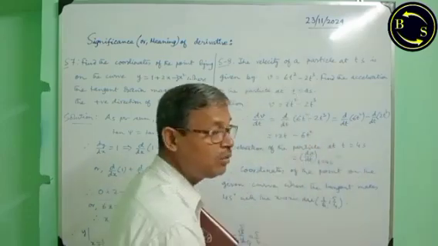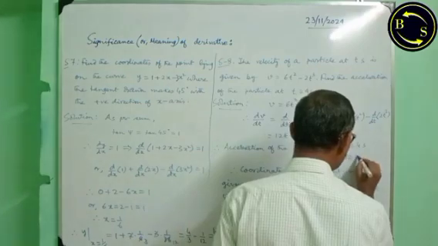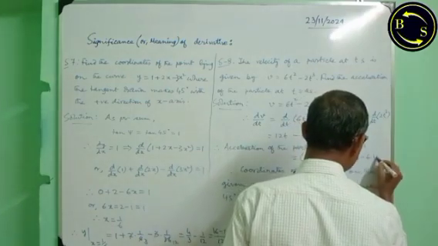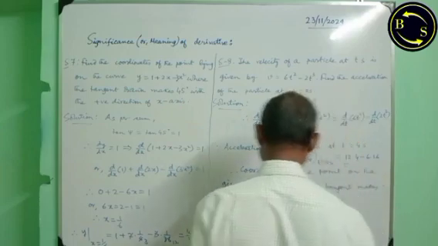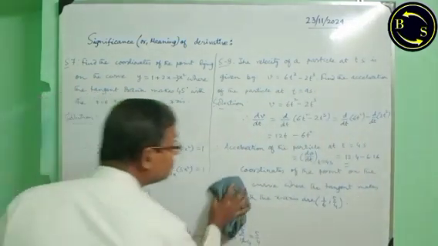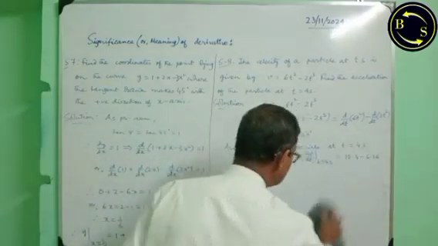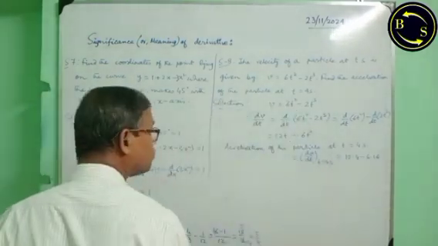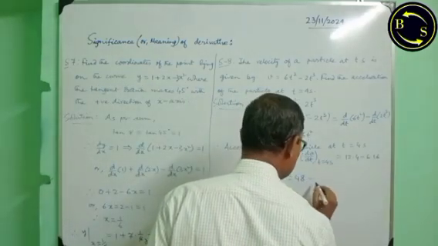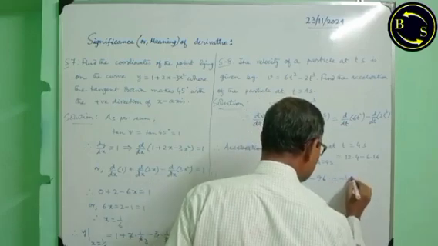Now we have to put the value here: 12 into 4 minus 6 into 4 squared, means 16, that is equal to 48 minus 96, that is minus 48.